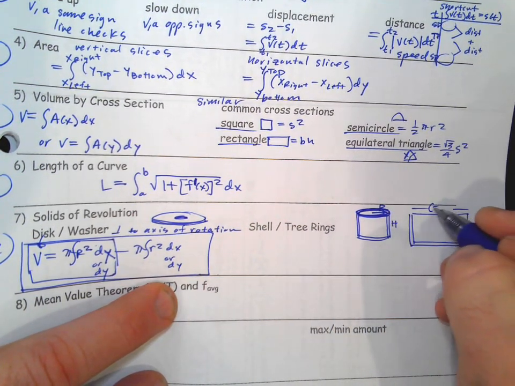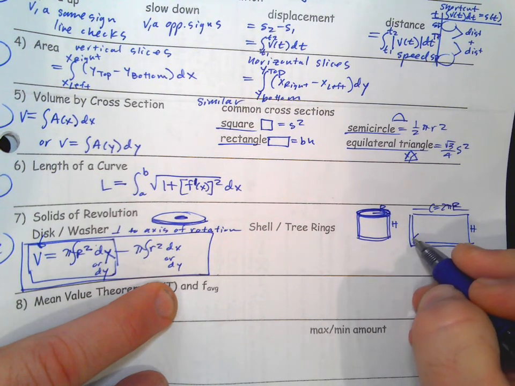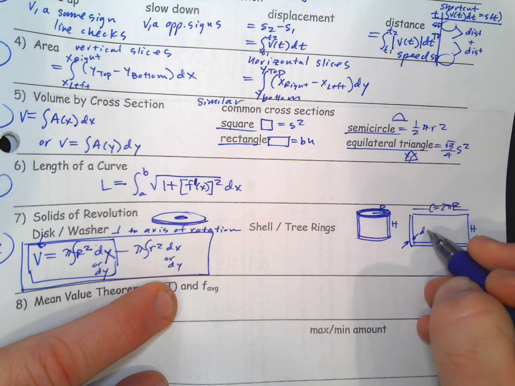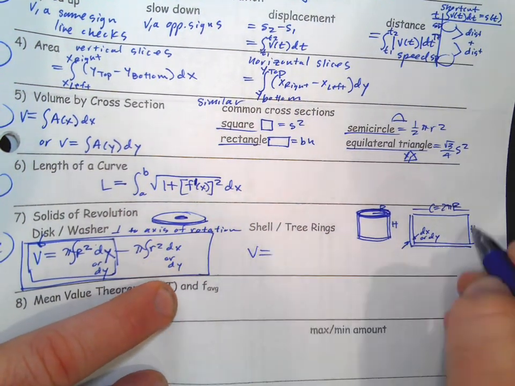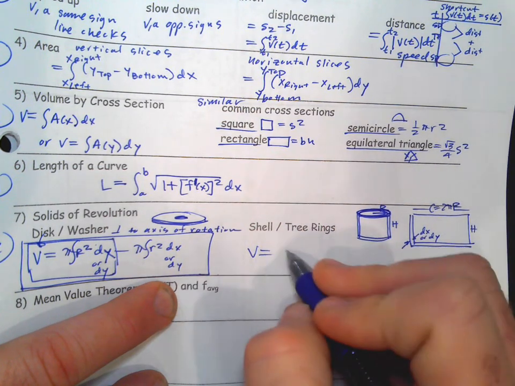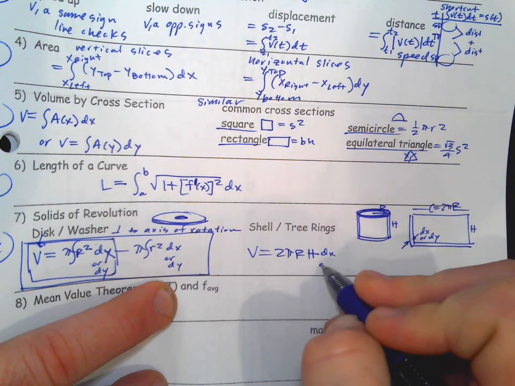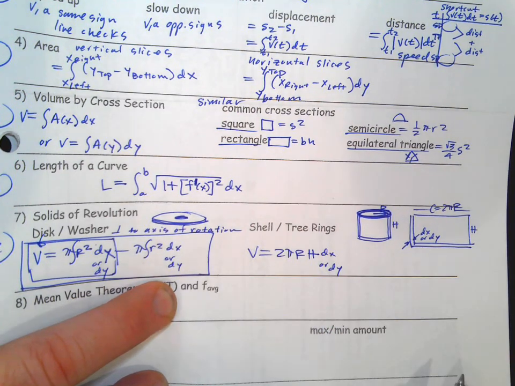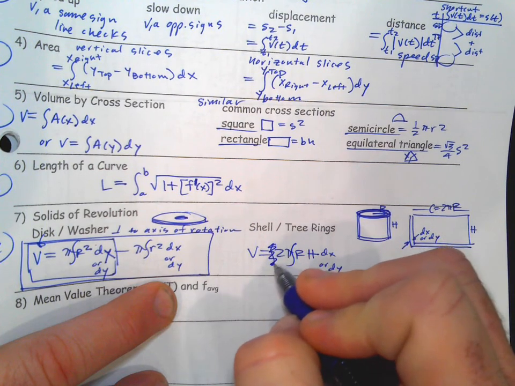That's the circumference, 2 pi r, of your shell, and then it has a thickness to it, dx or dy. And so the volume is the area of a rectangle, base times height, 2 pi r h, times the thickness, dx or dy, depending on the orientation of the slices. And then we integrate them.